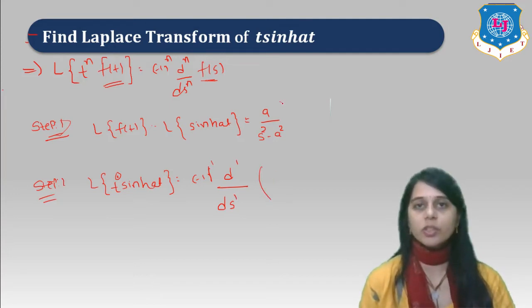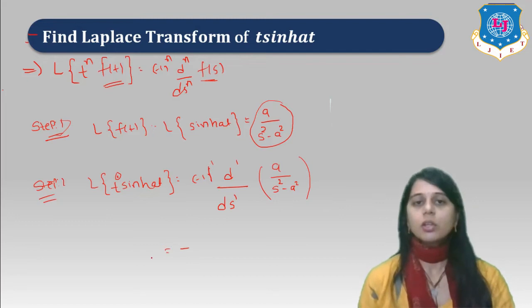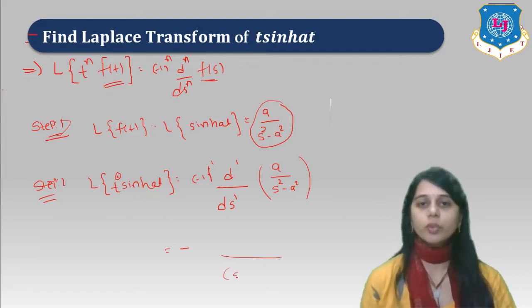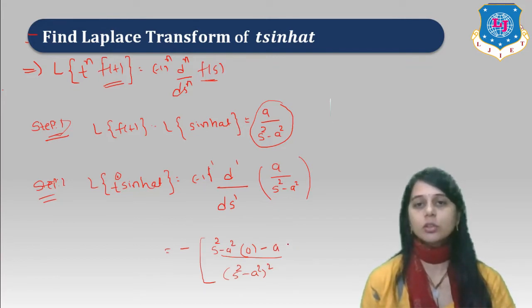What is f of s? f of s is a upon s square minus a square. So minus the differentiation with respect to s. This is the u by v rule: the denominator s square minus a square whole square. Then s square minus a square as it is, differentiation of the constant with respect to s is 0, minus a as it is, differentiation of the denominator is 2s.